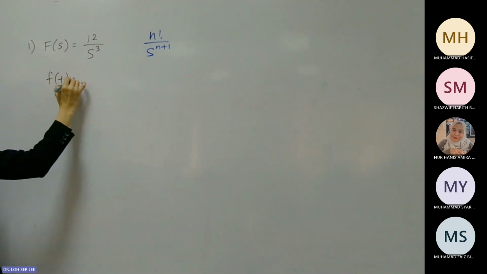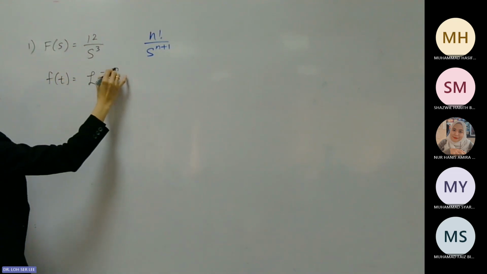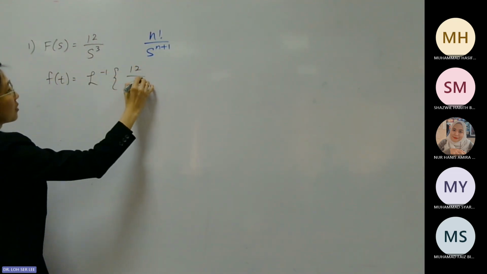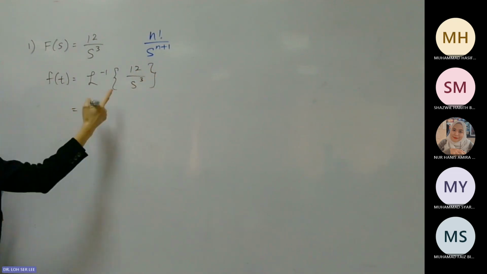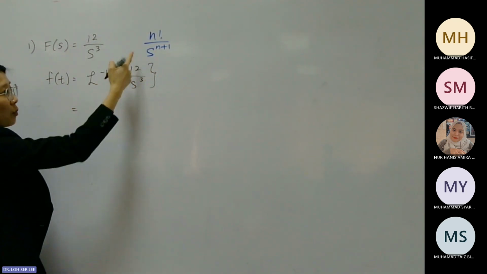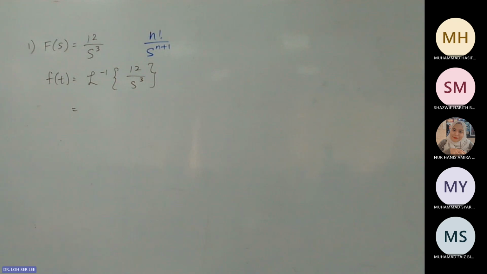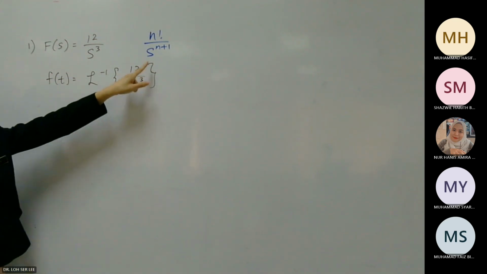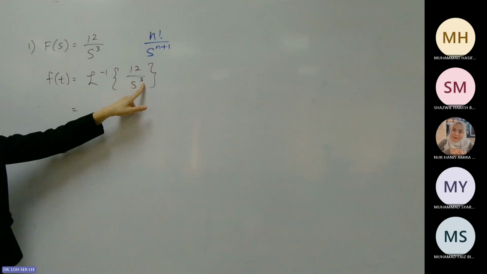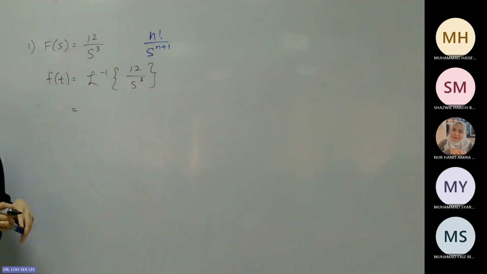So f(t) will be the inverse Laplace of this function. You compare, always starting from the bottom, because you need to identify the value of n. What is your n? Your n is 2, right? When your n is 2, what do we need here? 2.